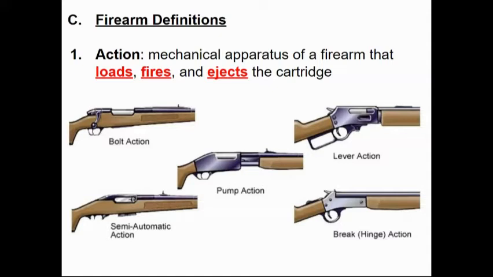So here are some examples of types of actions: a bolt action, lever, pump, semi-automatic, and break. There are others, and it does get a little bit more complicated than this, but this is really the thing that's going to do the loading, firing, and ejecting.